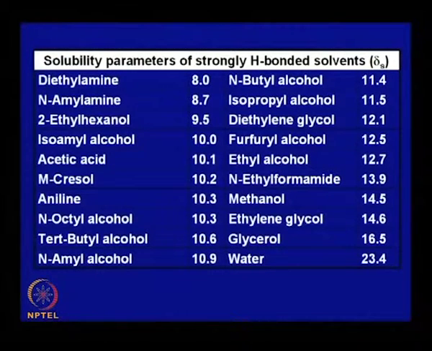So, you have seen the solubility parameter values of poorly hydrogen bonded solvents, moderately hydrogen bonded solvents and strongly hydrogen bonded solvents. Now, we come to the polymer side. If your polymer contains strong intermolecular hydrogen bondings, then you have to take strongly hydrogen bonded solvents as its solvent for dissolution.